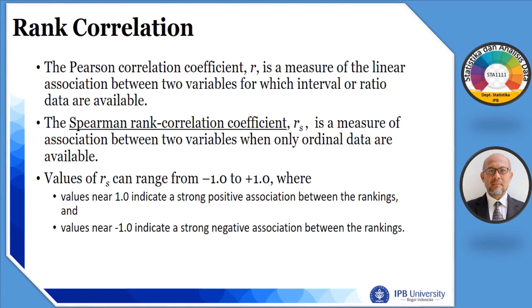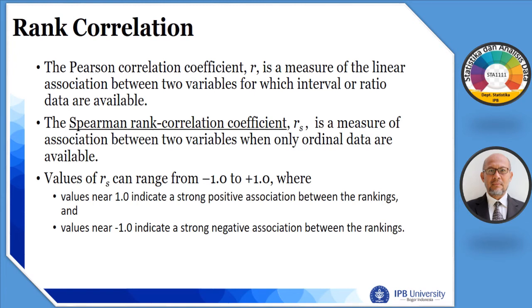So now we talk first about the Spearman rank correlation coefficient, normally called R, named after Spearman, the person who developed this method. The Spearman rank correlation coefficient is a measure of the association between two variables when only ordinal data are available.